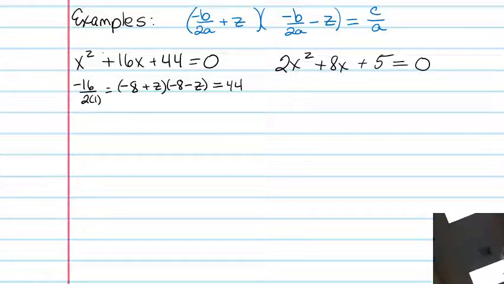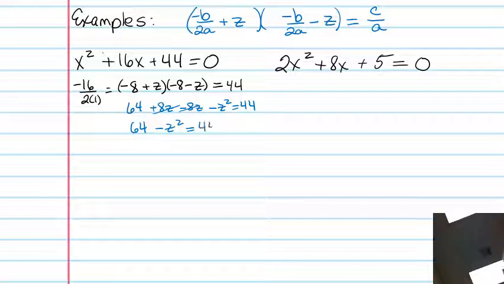All right, I'm going to multiply this out using just our regular FOIL method. So I have 64 plus 8z minus 8z minus z squared is equal to 44. So that's going to give me 64 minus z squared equals 44.